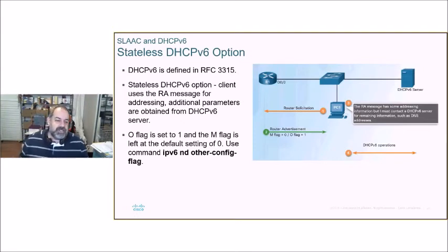The M flag is left at 0. So you go IPv6 neighbor discovery other-config-flag is the way you set that. The router solicitation and the router advertisement are basically the same, except it also says get some other information as well. Then the host will do a DHCP request, and away it'll roll.